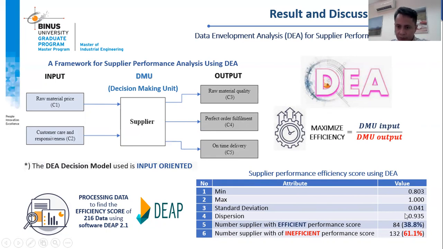And this is the result. The number of suppliers with efficient performance score is 84, meaning 38.8% efficient, and the number of suppliers with inefficient performance score is 132, meaning 61.1% inefficient.